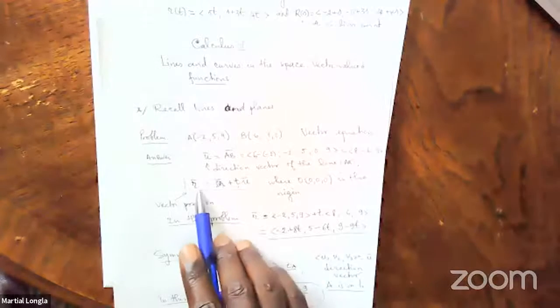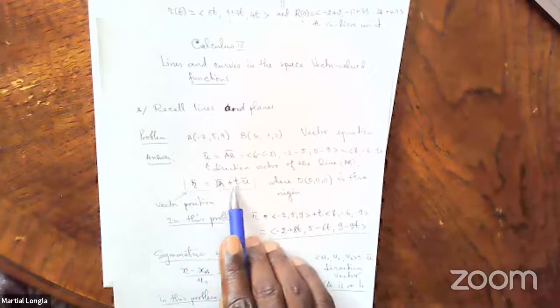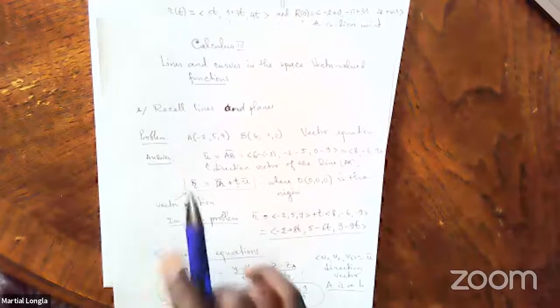It says that r of t is equal to a vector plus t times u. And that's r of t that is given to you.